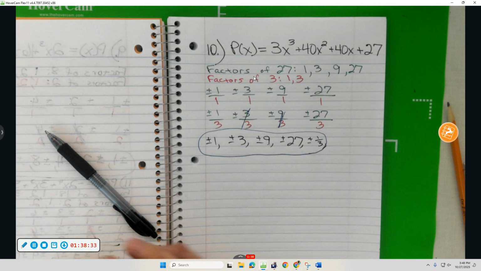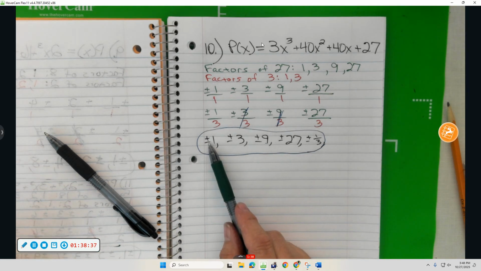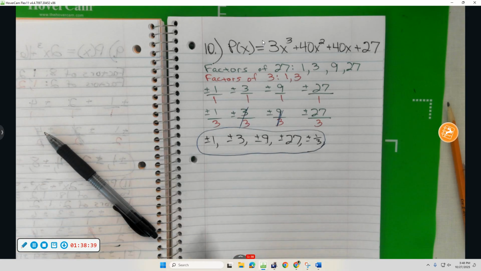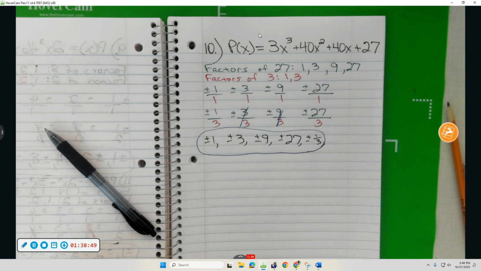If I needed to factor that, I'd start off with positive 1 using synthetic division. Is it possible to add positive numbers together and get a 0? No. 3 plus 40 plus 40 plus 27.